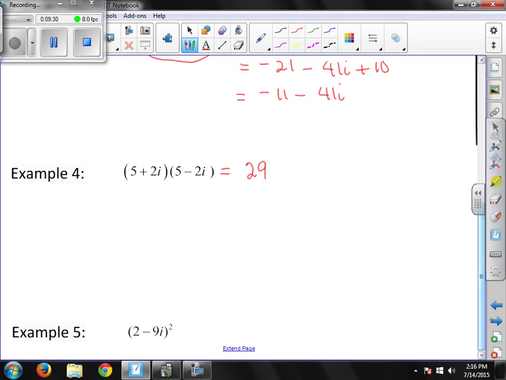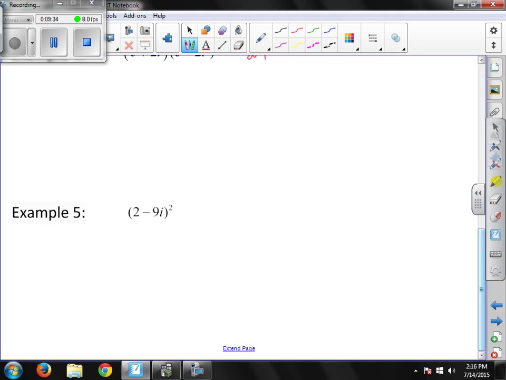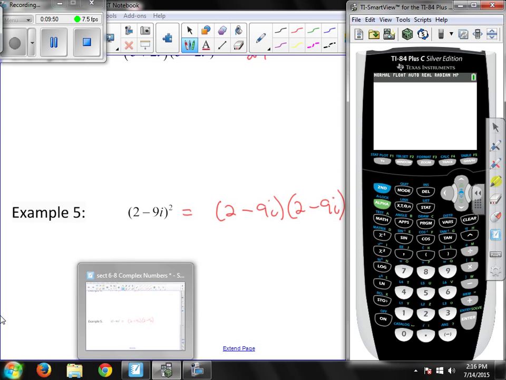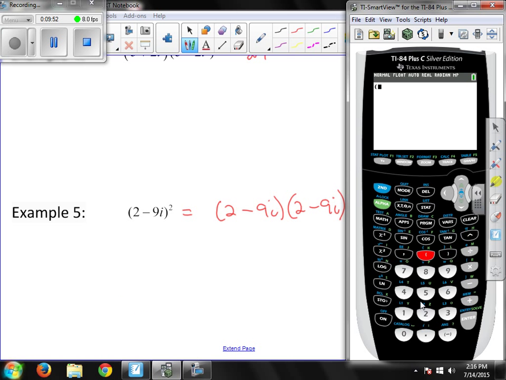And let's do this last problem here. This literally means to take this complex number, 2 minus 9i, times itself, 2 minus 9i, because it's squared. But this can be another calculator problem. 2 minus 9i.